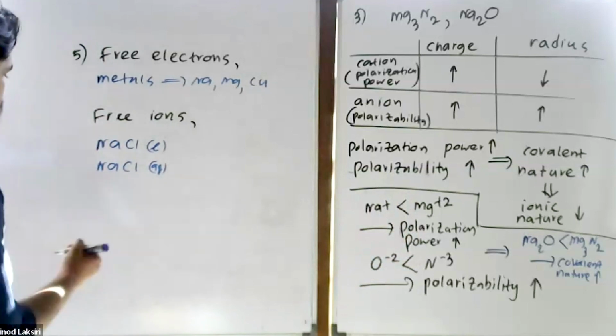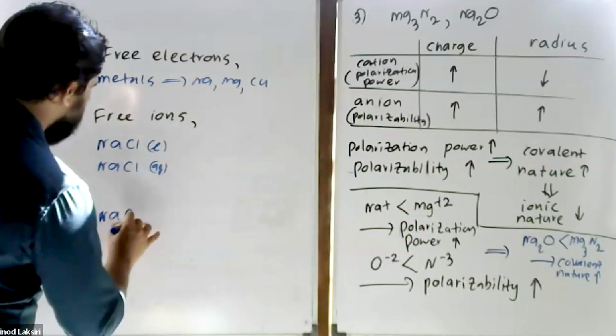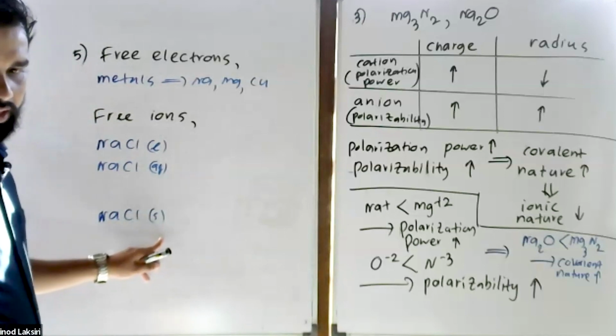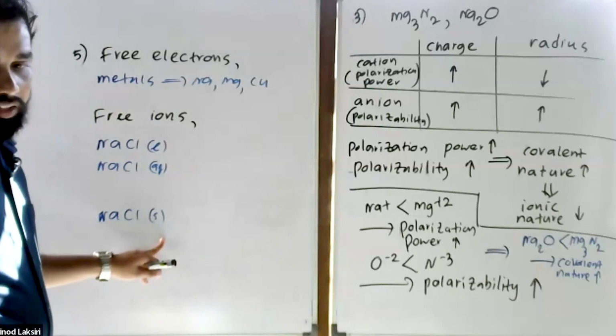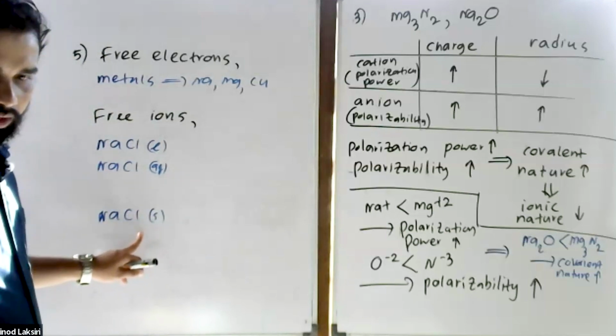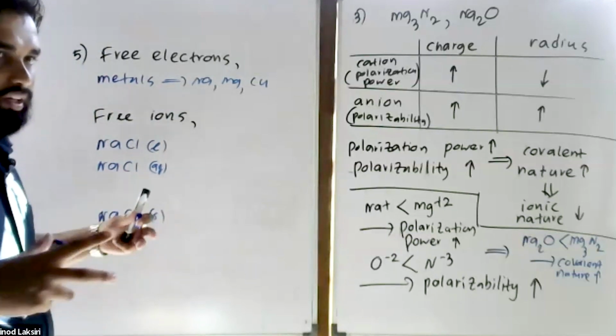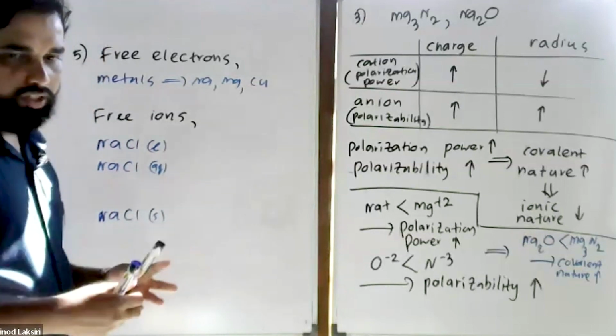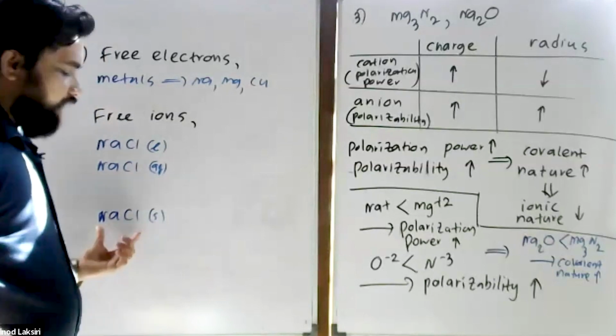Ionic compound in solid state, solid sodium chloride, does not conduct electricity because in the solid state there is electrostatic attraction between cation and anion. It is known as ionic bond, right? Therefore, Na+ and Cl- are tightly bonded to each other by ionic bond, so they cannot move.